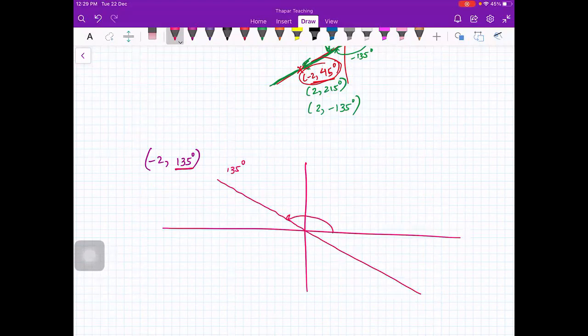Instead of going 2 in the forward direction, you will go 2 in the negative direction. So this distance is 2. So the name of this point is minus 2 comma 135 degree. The same point can also be named as 2 comma minus 45 degree. Is that clear to everybody?